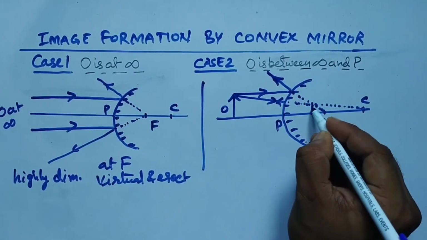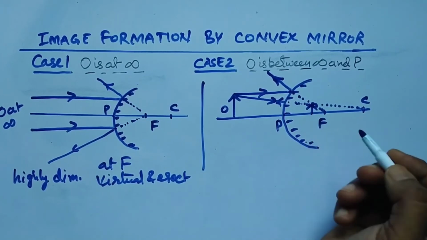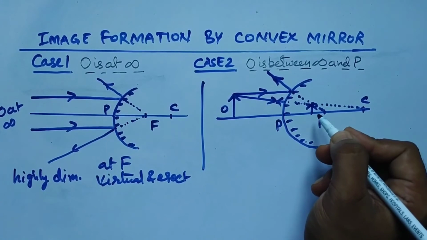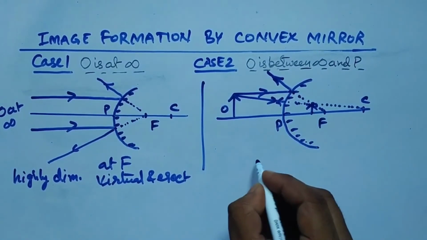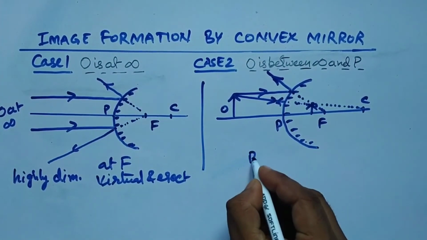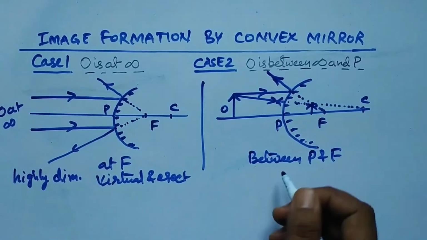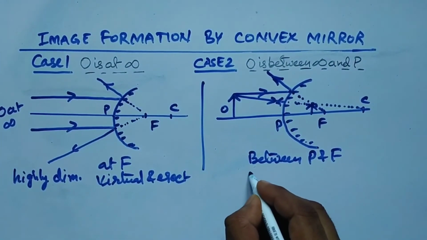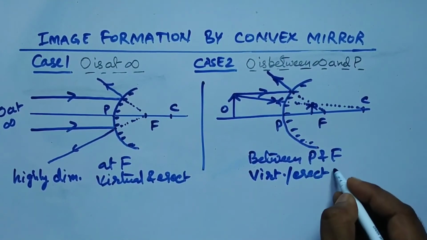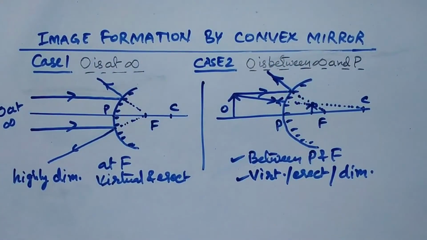So here is the intersection point, and this is the image that will be formed. Again virtual and erect image will be formed, and position will be between pole and focus, and again image will be virtual, erect and diminished. Nature of the image and position of the image.